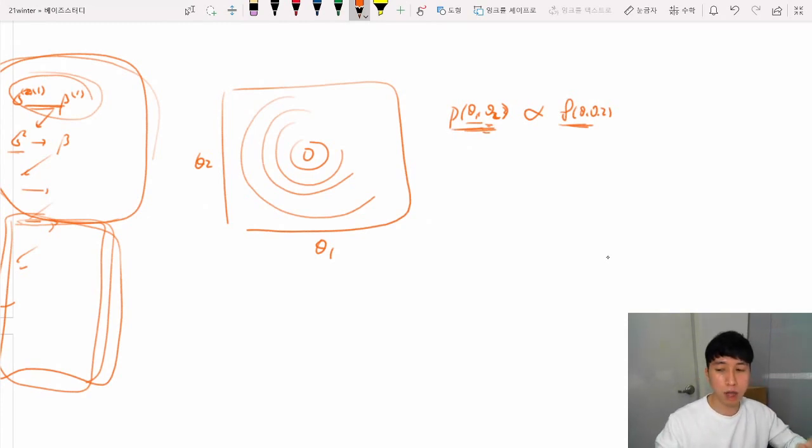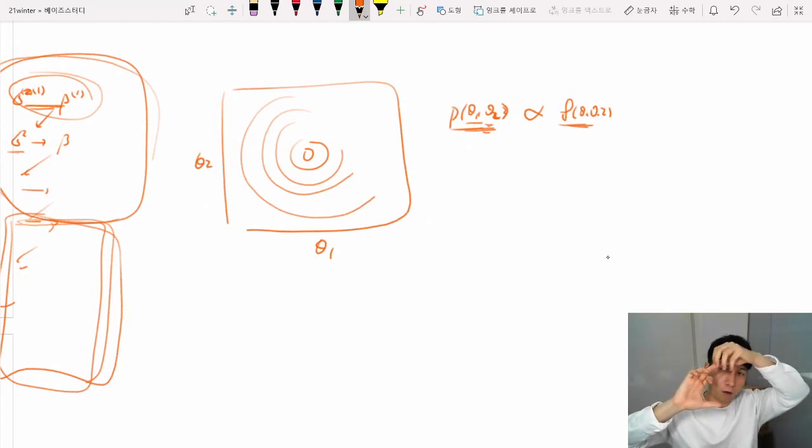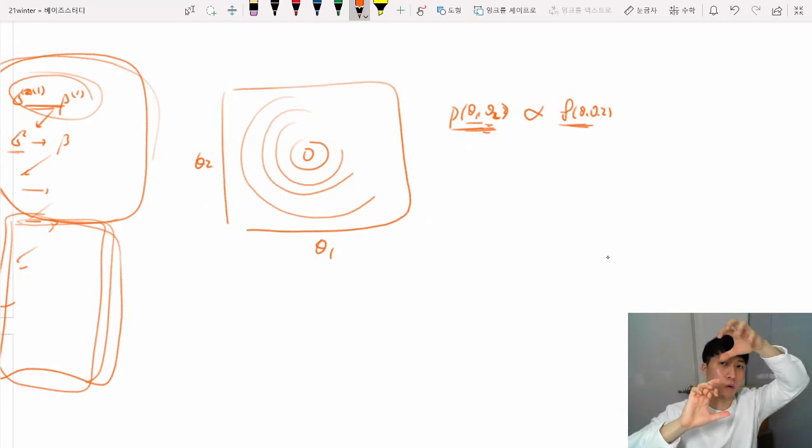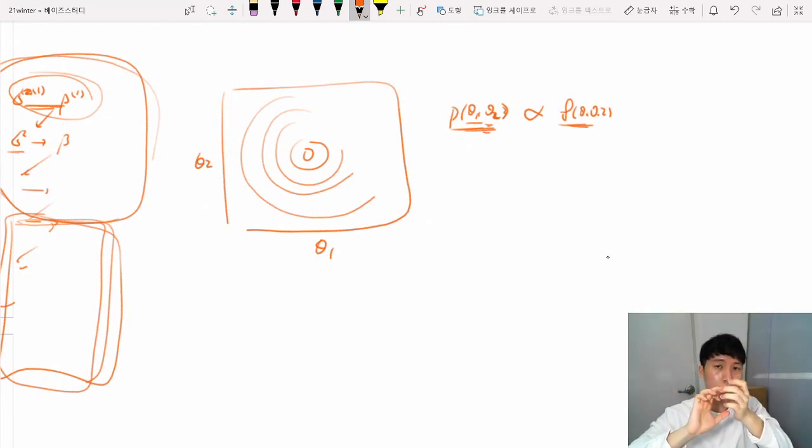That means you do not know the exact altitude of the point that you are stepping on. But you do know whether this point right here is higher or lower than another randomly selected point. And that is the idea of the Metropolis-Hastings algorithm.